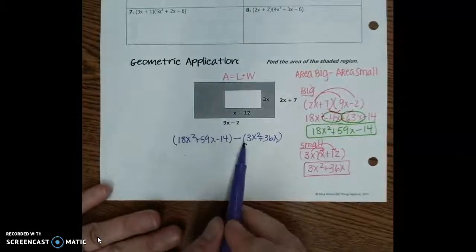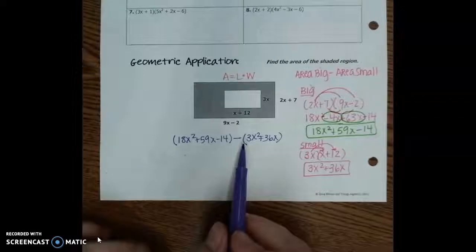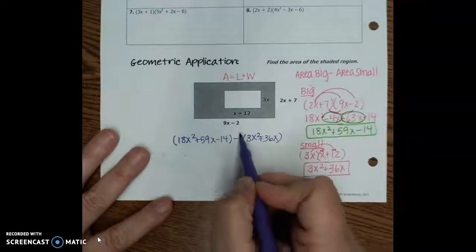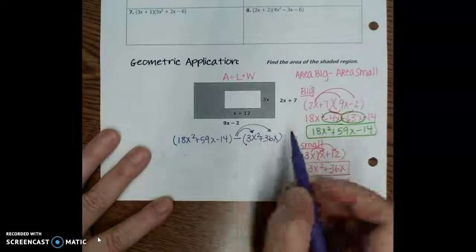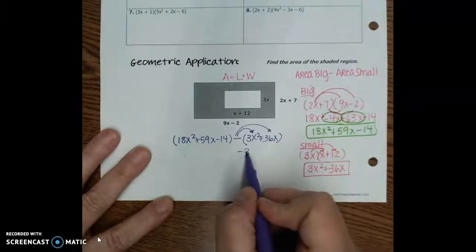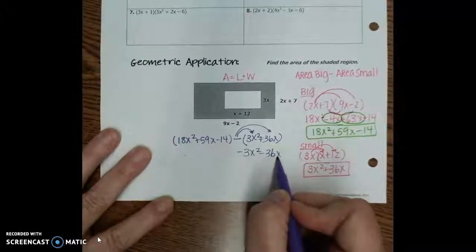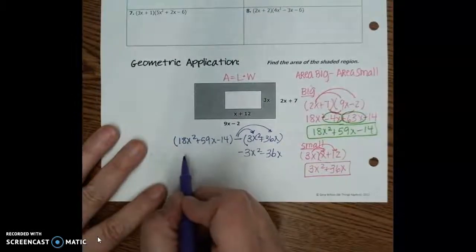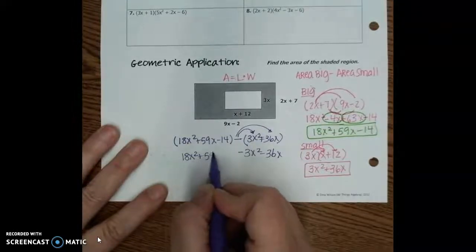This is what we did the day before yesterday, so this would have been Monday. You've got a negative in between. That means you've got to distribute that negative sign. That becomes negative 3x squared minus 36x. We haven't done anything to the front half, so we're just going to bring it down. It hasn't changed.